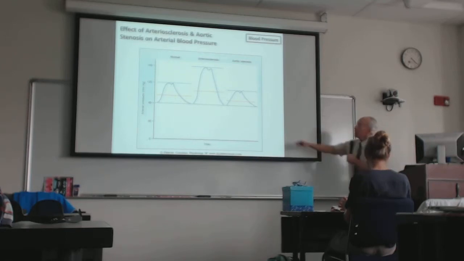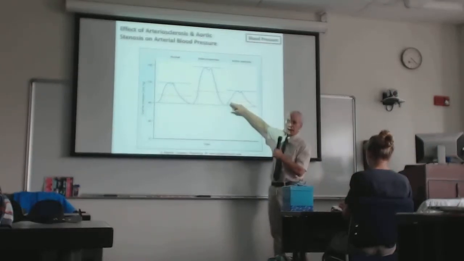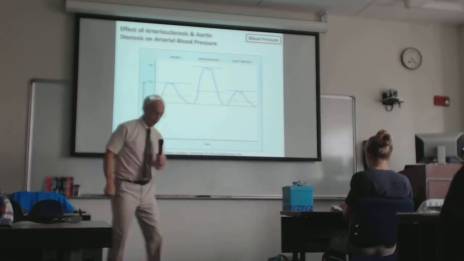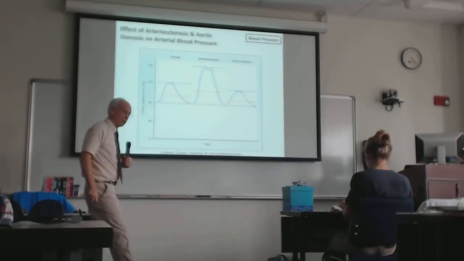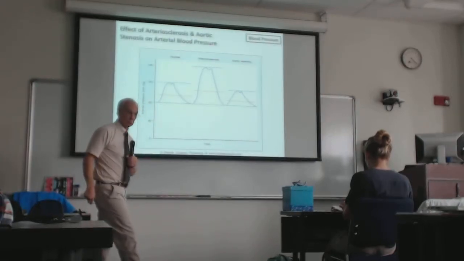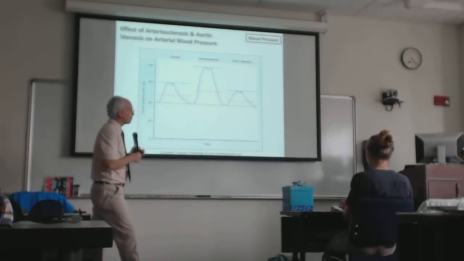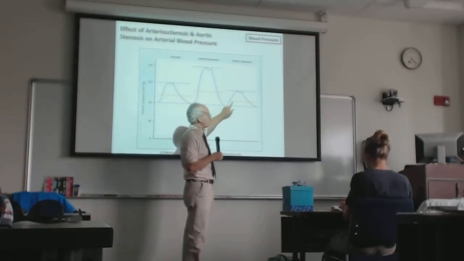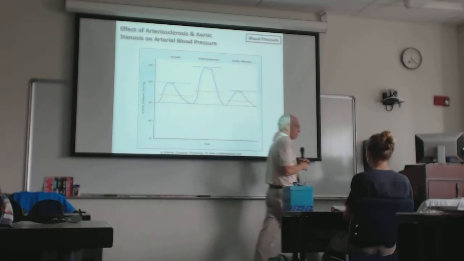Everybody understand that less blood is escaping and can pass through the aortic valve. It's again like me putting my foot on the fire hose. If I cut off the fire hose completely, there's no pressure, there's no flow. So the stenosis is decreasing the flow and therefore decreasing the pressure.